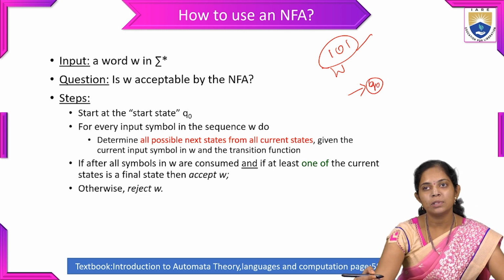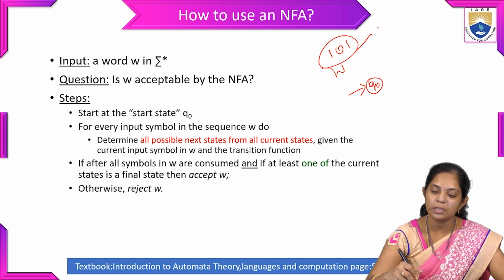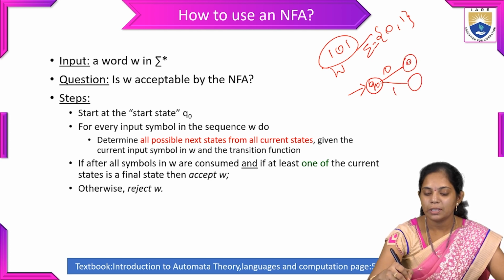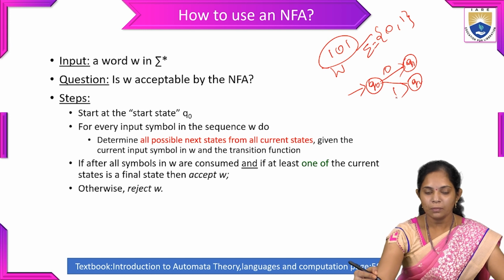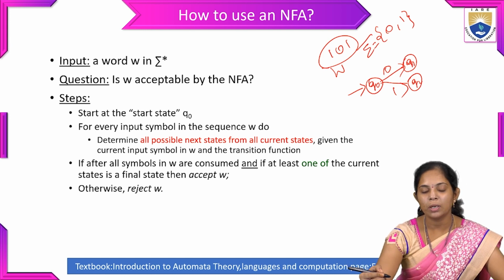For every input symbol in the sequence W, here 0 and 1, we have to check which states it goes to, and determine all the possible next states from all current states.